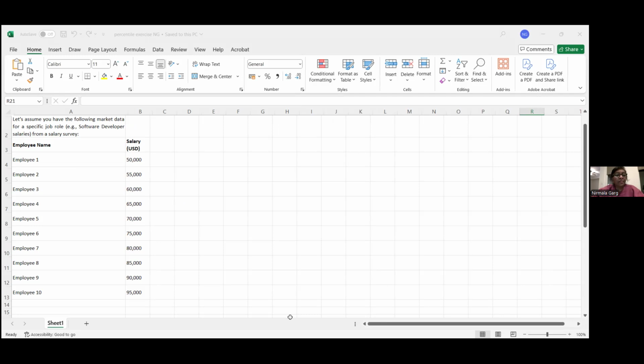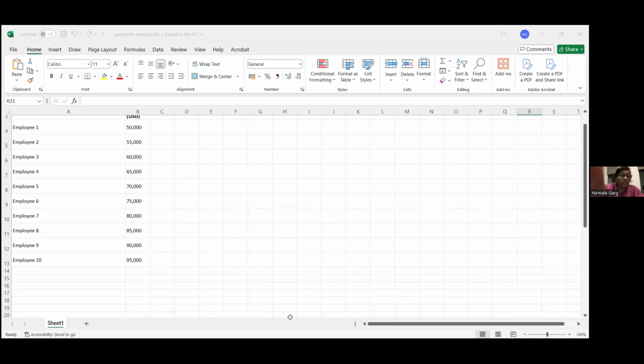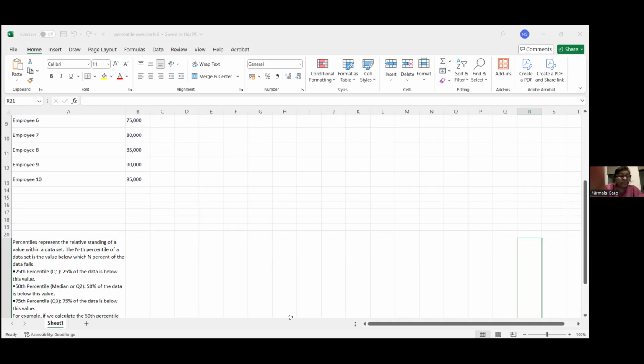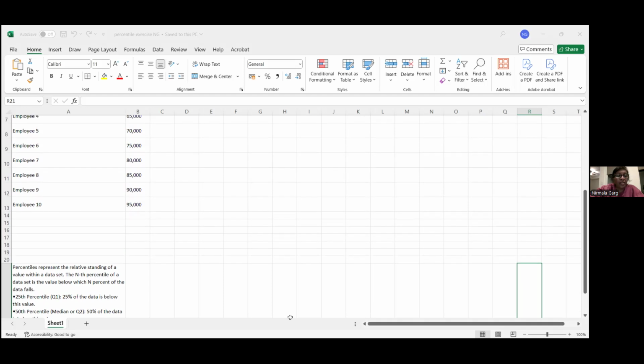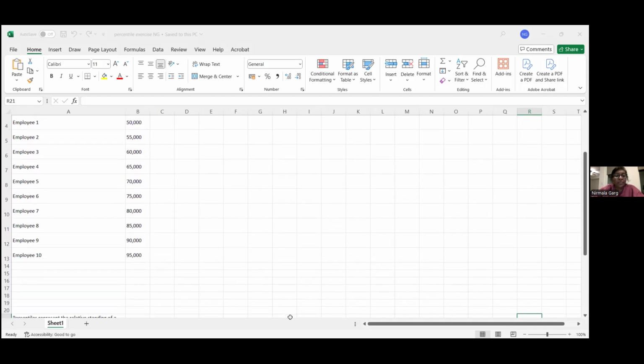These are 10 employees. And now this is the market data for a software developer. Now, what you need to do is I want you to calculate quickly the 25th percentile, 50th percentile, 70th, 75th percentile, and 90th percentile.